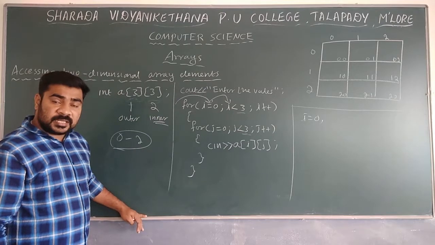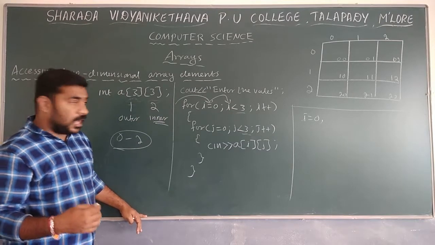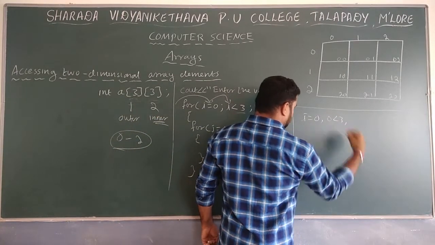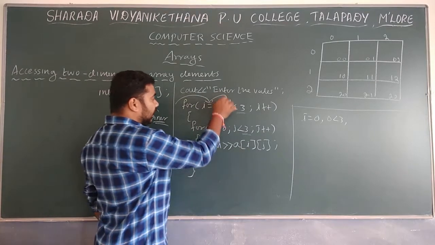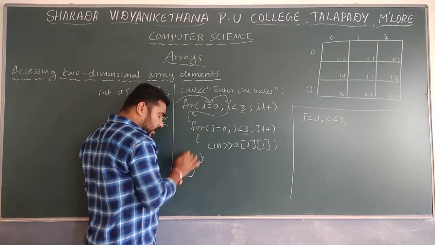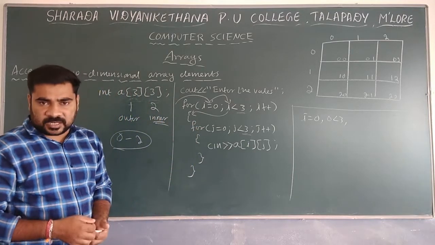Yes, the condition is true, because i value is 0, and 0 is less than 3. Whenever the condition is true, you will enter inside. Everything from here to here is going to execute, all the statements are executed.